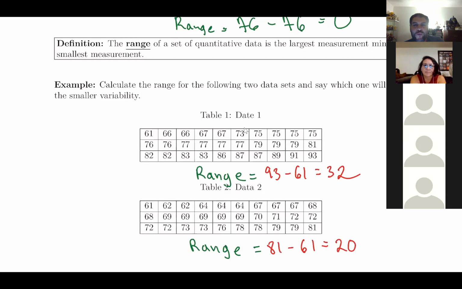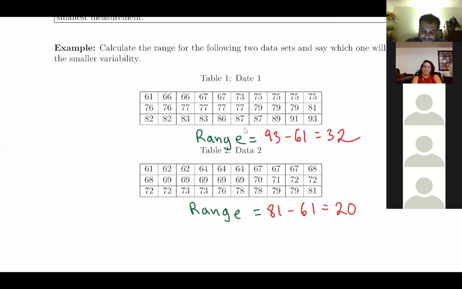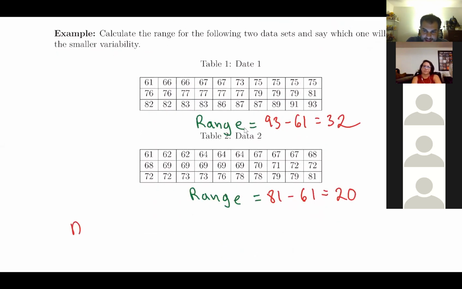So which one will have the lowest variability, data 1 or data 2? There you go. We'll say data 2 will have the lowest.